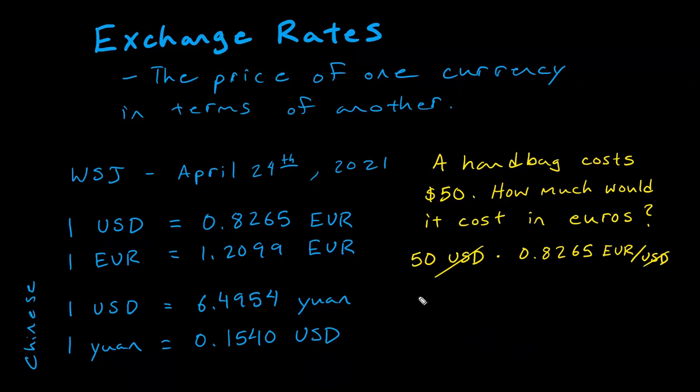So 50 times 0.8265 gives us 41.325 euros. That's how much it's going to cost in euros.